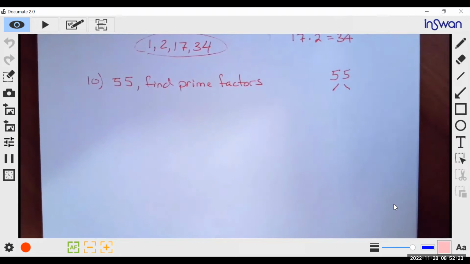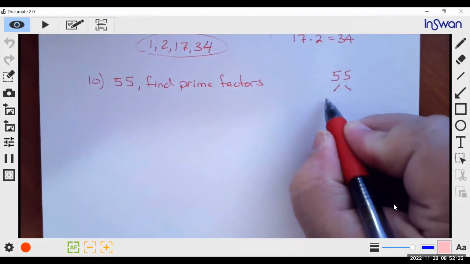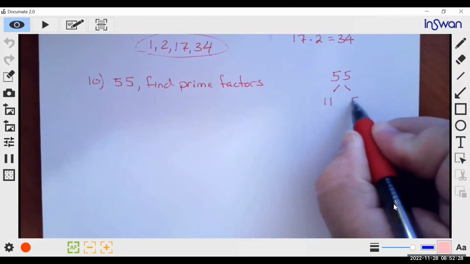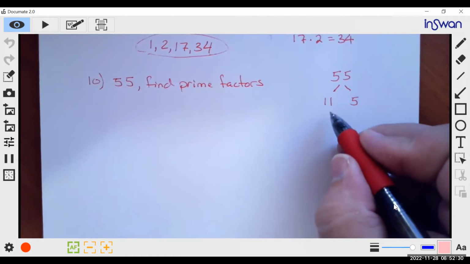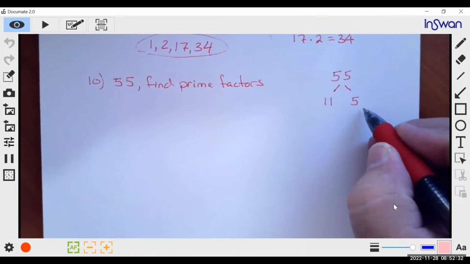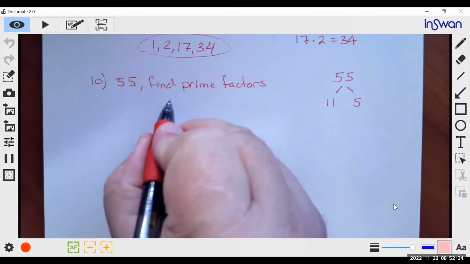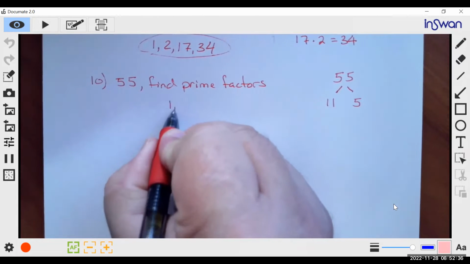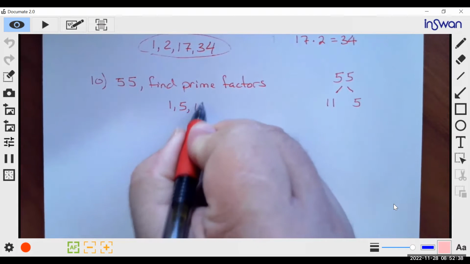What times what equals 55? Can 11 go any further? Can 5 go any further? Nope. So it's 1, 5, and 11.